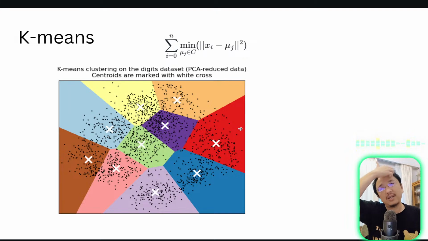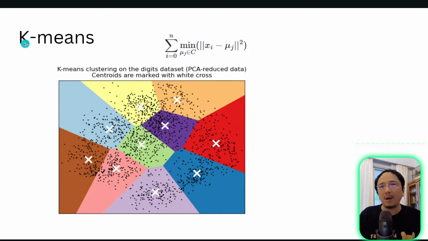The k-means is quite simple. At the beginning, we assign a k, like 1, 2, 3, 4, 5. For 1, because it only has one class, we are trying to find the average point, the mean point.